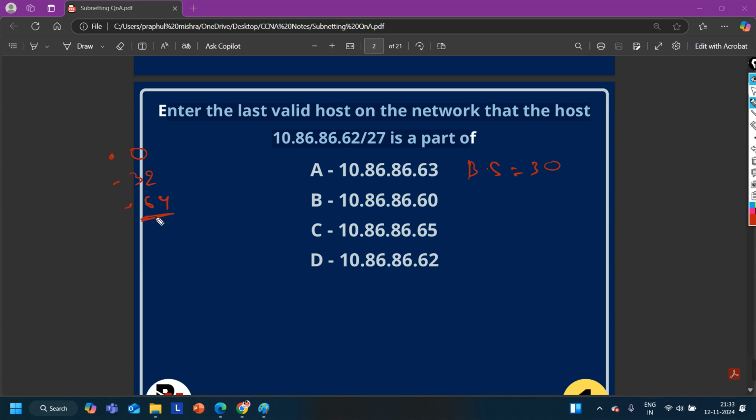You can see 64 is a multiple of 32, and 64 is the nearest value to 62. Yes or no? That means the network ID of this IP address is going to be .64.